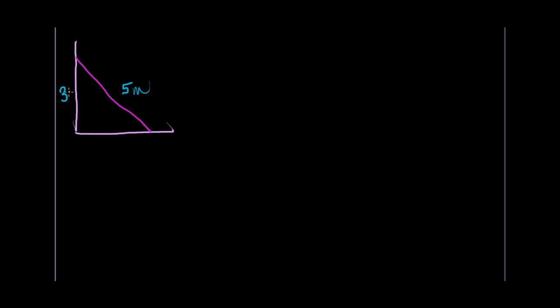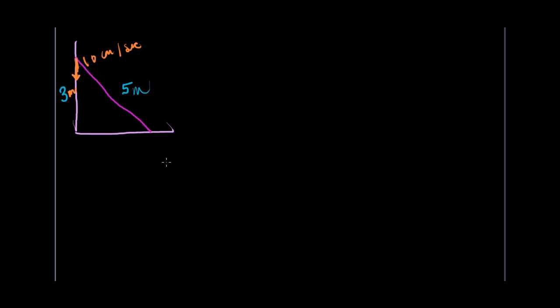So this height is 3 meters, this is 5 meters, and this is a ladder of constant length, and they say that this end right here is moving at 10 centimeters per second. I don't have space there, so I'll write it here, 10 centimeters per second.